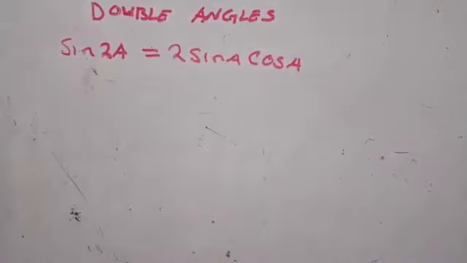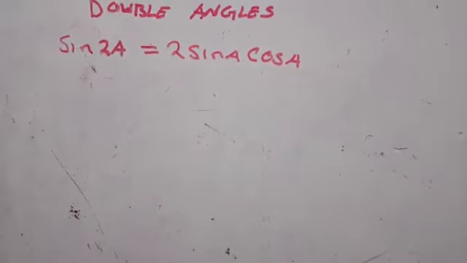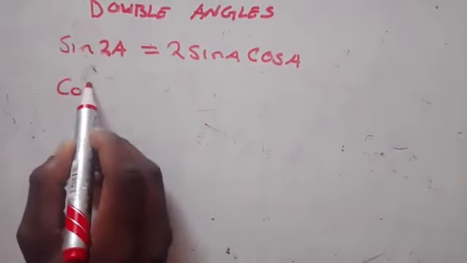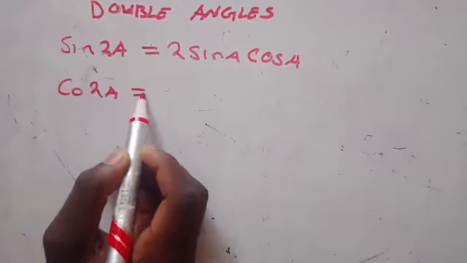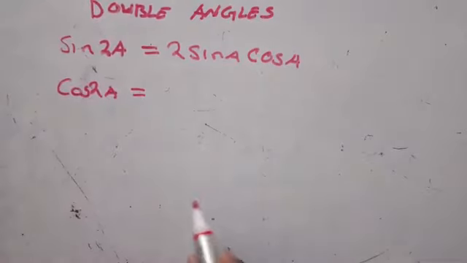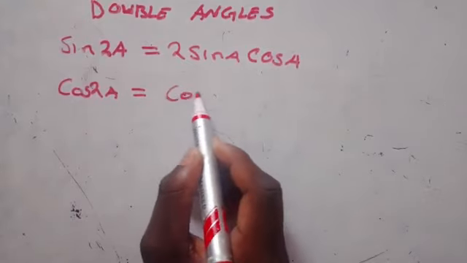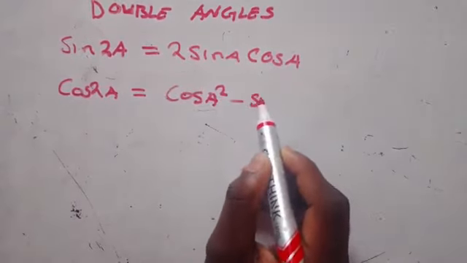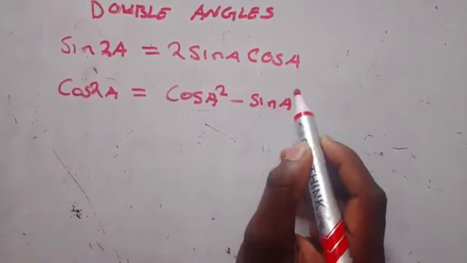So this is the first identity which we have under double angles. The second one is cos 2a, which is equal to cos a squared minus sine a squared.